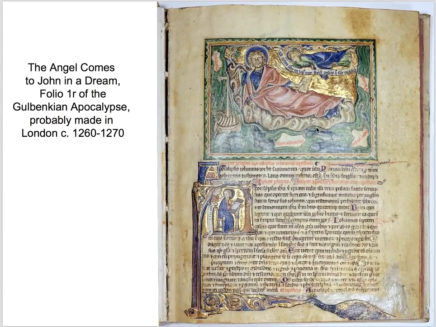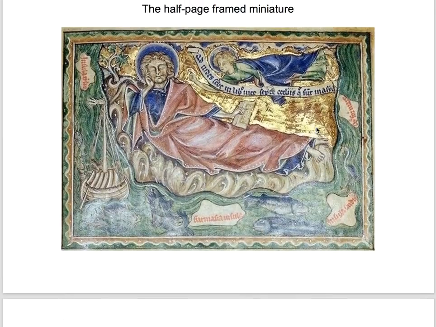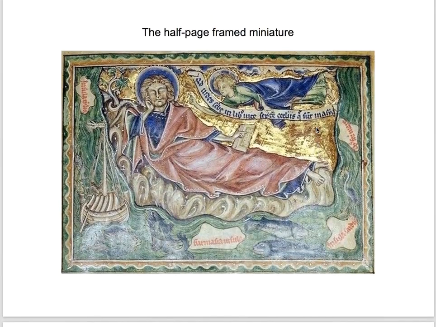So if we look then at the image, we've got our half-page framed miniature. We've got a little bit of the story, or the beginning of the story, as to how the Book of Revelation, which is also called the Apocalypse, came about. We've got John, and John has been exiled to an island called Patmos, and he's asleep on the island. You can see we have an aerial view of the island here, and then there are other little islands around it.